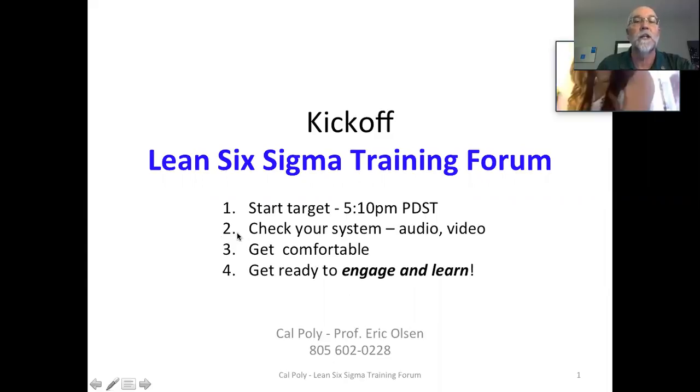We've got transactional Greenbelt training, and these are people from across the Cal State University system who are trying to get Lean Six Sigma Greenbelt trained, transactional Greenbelt trained. I'll tell you a little bit more about what that is. Then we've also got people taking Lean Six Sigma Black Belt training at the same time.